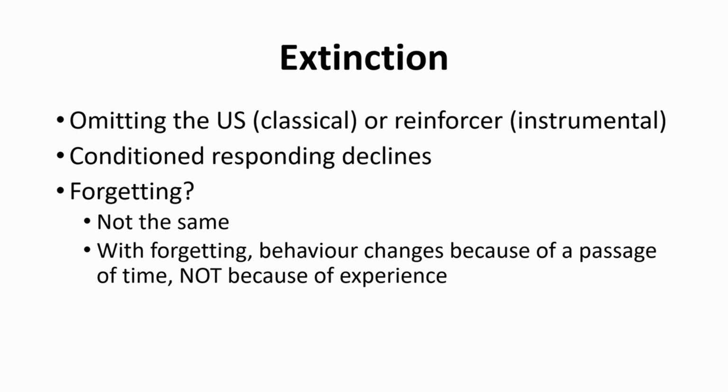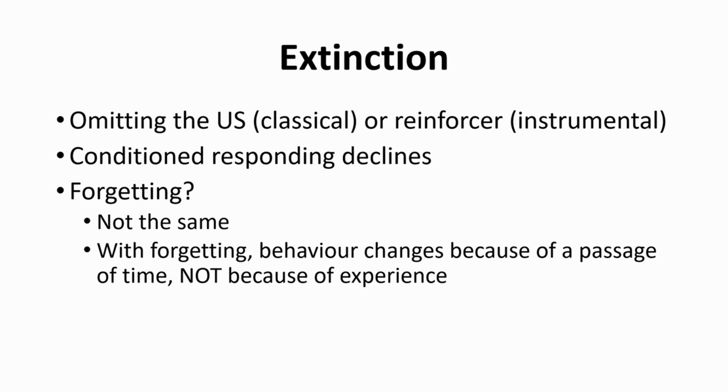In simplest terms, extinction is just the removal of one of the stimuli that's involved in having that increase in responding occur. So if we look at classical conditioning, extinction for classical conditioning would involve repeated presentations of our conditioned stimulus without the unconditioned stimulus present. So by removing that unconditioned stimulus, we can see the conditioned stimulus on its own without the unconditioned stimulus that it had been previously associated with.